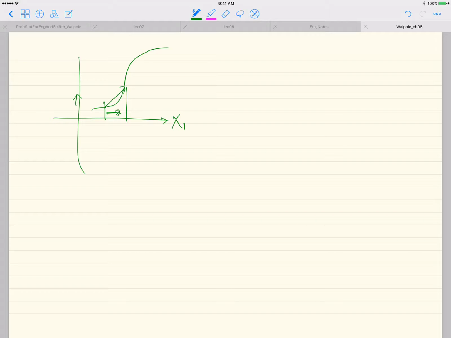And this means x2 has more probability within a short amount of x values. That is what we can obtain by looking at the slope of this graph.